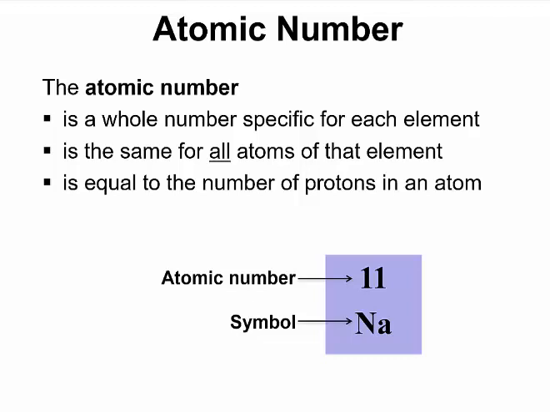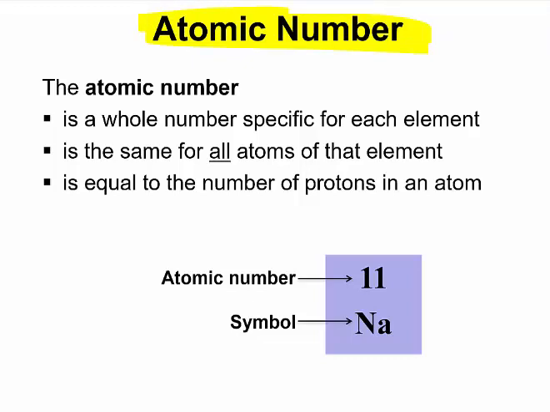The number of protons in an atom is also unique to that atom, and it will never change. And because of its uniqueness, it is also called the atomic number of the atom.